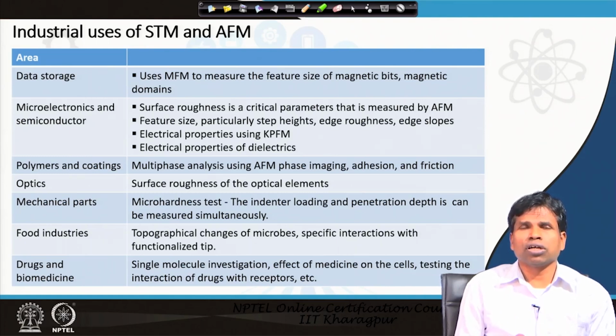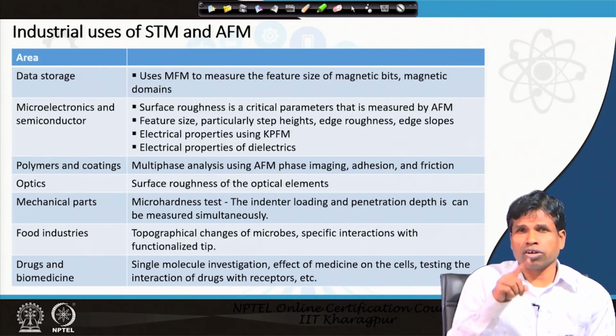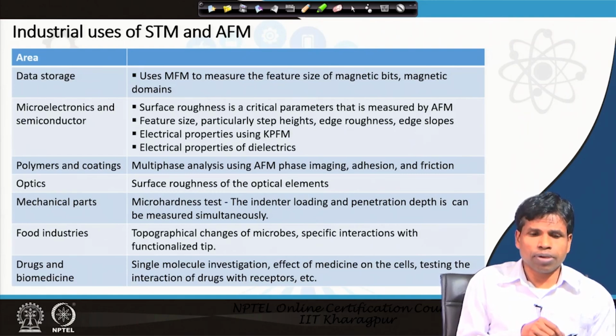Surface roughness can be measured by atomic force microscope quantitatively with very high accuracy, in the sub-Angstrom range. In the electronic and semiconductor industry, features are created, and those feature sizes need to be measured with high accuracy. Though a scanning electron microscope can be used to measure the length and width, it cannot measure the height. So, AFM can be used to measure the edge height or step height, roughness, those things can be measured.